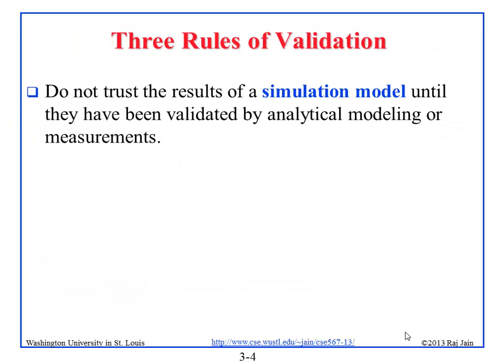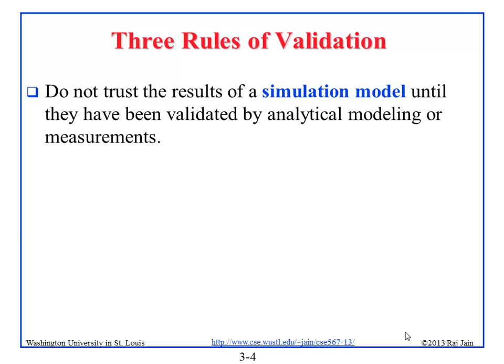All right, but here you think, how many do you need? I cannot trust the result of a simulation model until it has been validated by analytical modeling or measurement. So you cannot just do the simulation and say, sorry, here it is. Simulation results cannot be believed because you could have a bug in the simulation, you could have the wrong assumption, you could have anything, so you need to validate by analytical modeling or measurement.